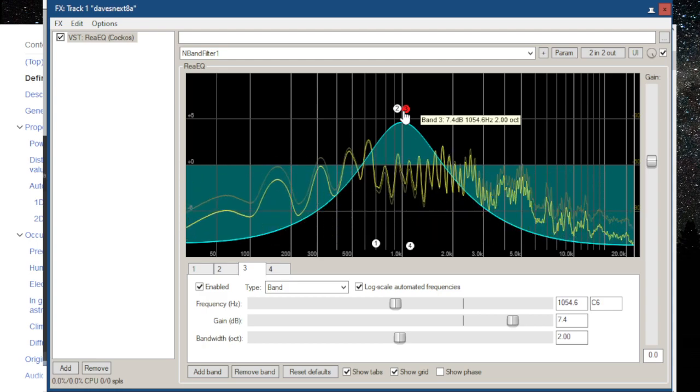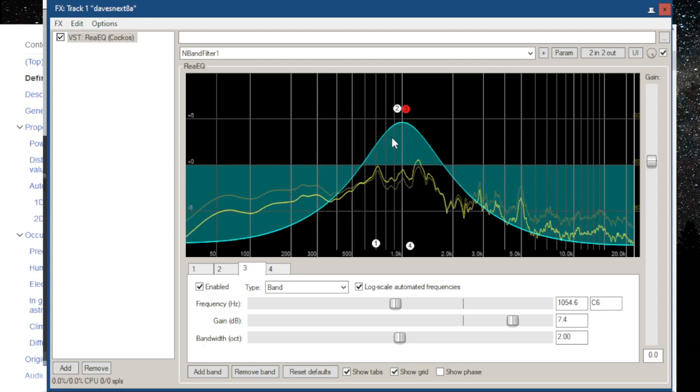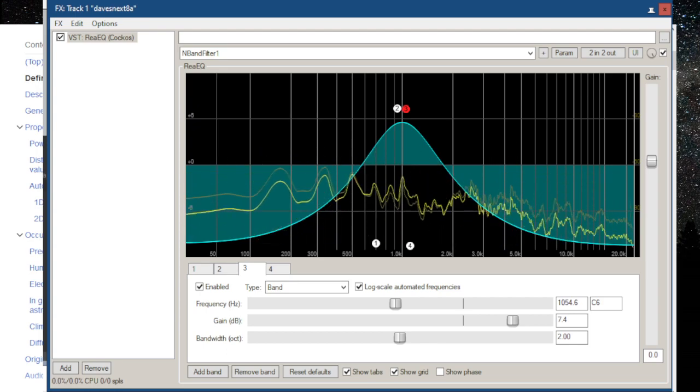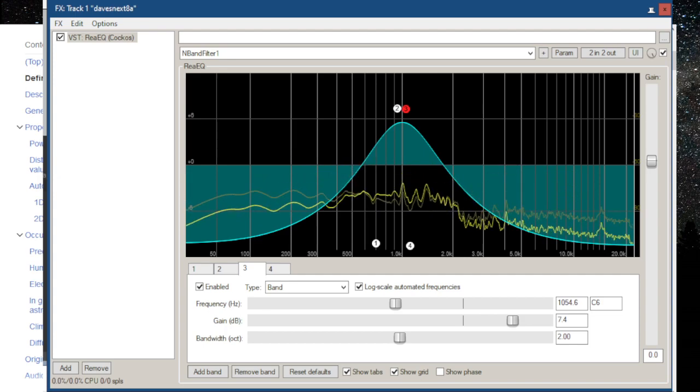So the problem I've got here is I can't get this narrow enough. I'll try something else here.